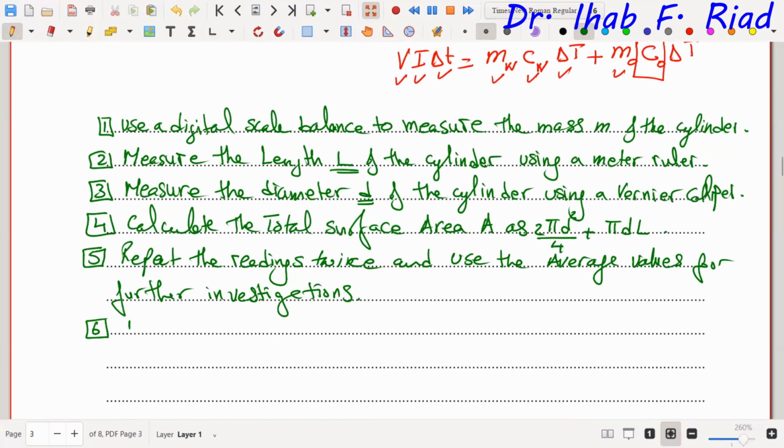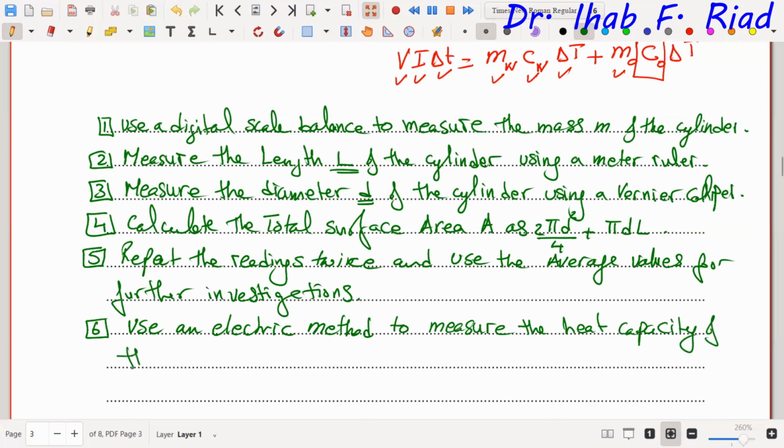So use an electric method to calculate or measure the heat capacity of the cylinder.